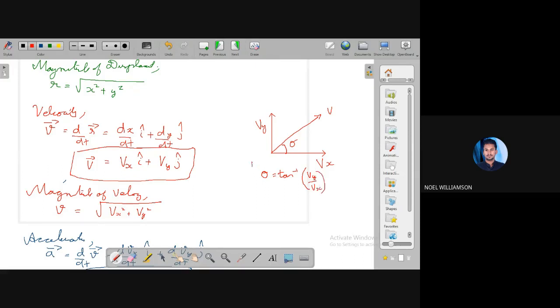So this will be the direction of velocity. Please note this.